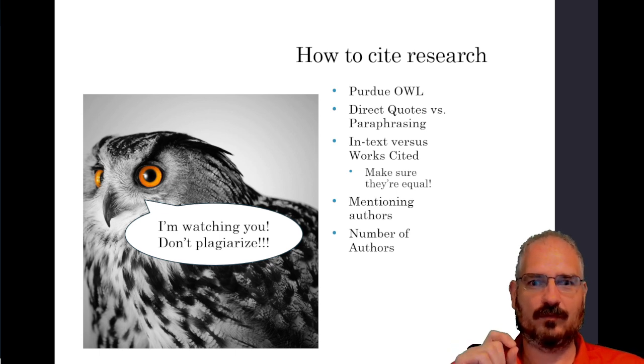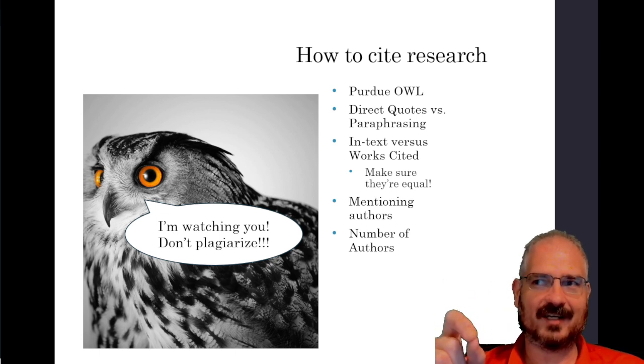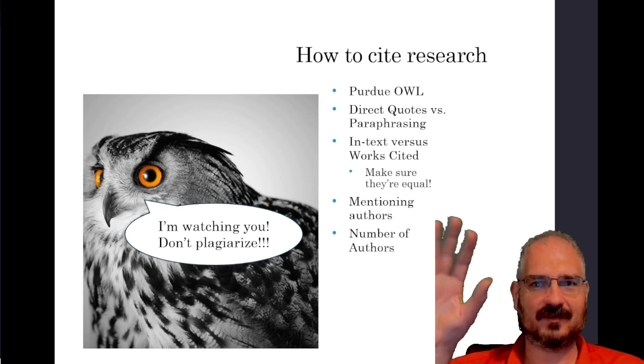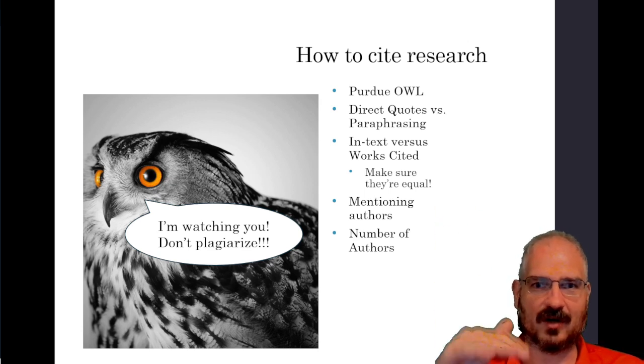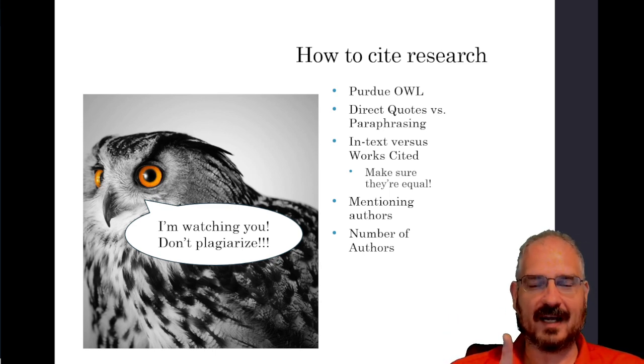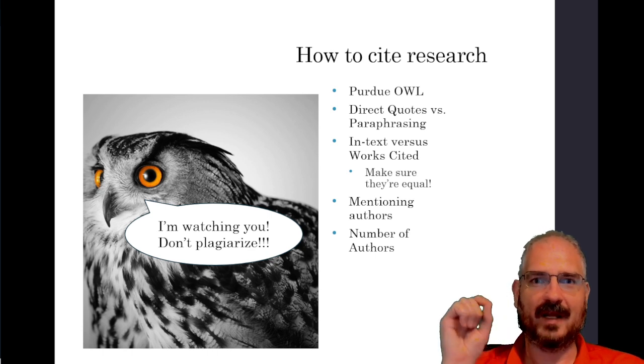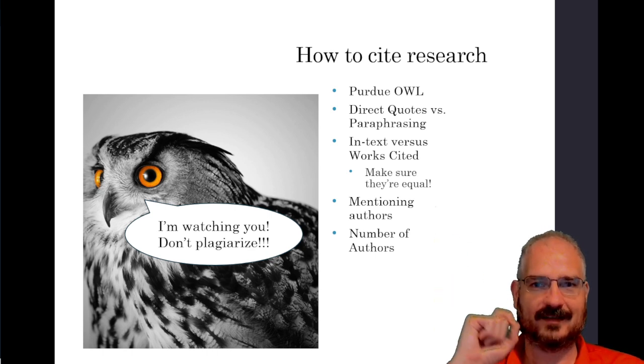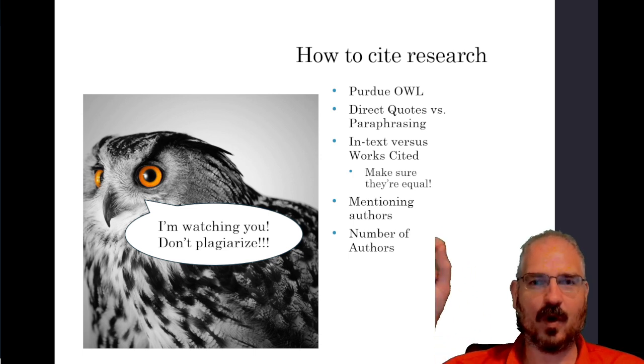But each time we do an in-text citation, we can use the same source multiple times. So if we cite one source 5 times with in-text citations in different parts of our paper, we still only need the one entry in our works cited page. But each one of those in-text citations has to have a corresponding entry in the works cited page, and every entry in the works cited page has to have at least one in-text citation.